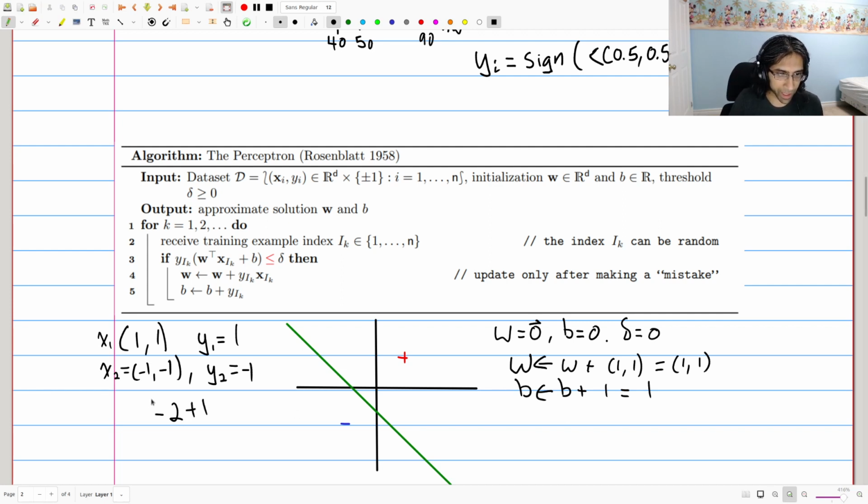And then you multiply the whole thing by -1. And this is equal to 1. We can see that this is not less than 0, so we don't have to update, and therefore we terminate. We've gone through all our training data, and you can go through it all again and see it's all correctly classified. Indeed, in this simple example they're both correctly classified.